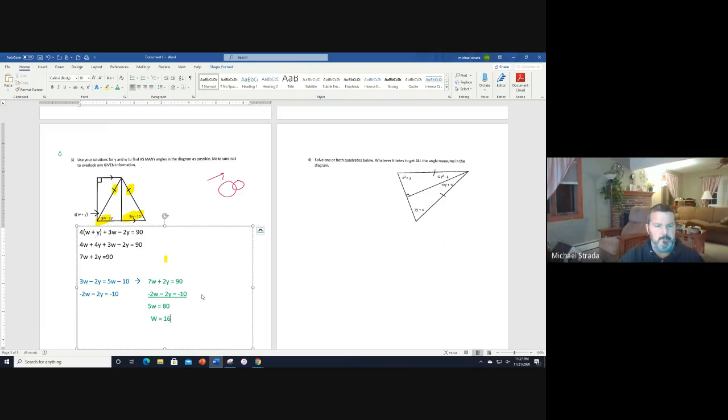All right. So if w is 16, I can plug it back in to either equation. If I plug in the 16 back in here, I'm going to end up with negative 32 minus 2y equals negative 10.